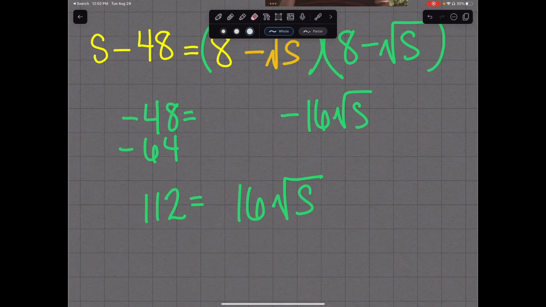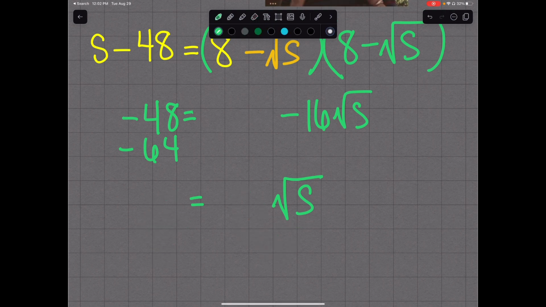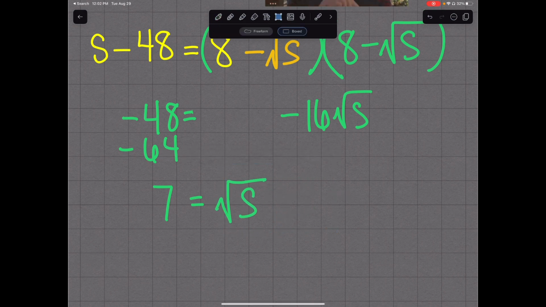Let's divide both sides by 16. Okay, so square root s is going to be equal to 112 divided by 16, which is actually 7. Okay, and then we just square both sides of the equation, right? Just do it again, just square it.